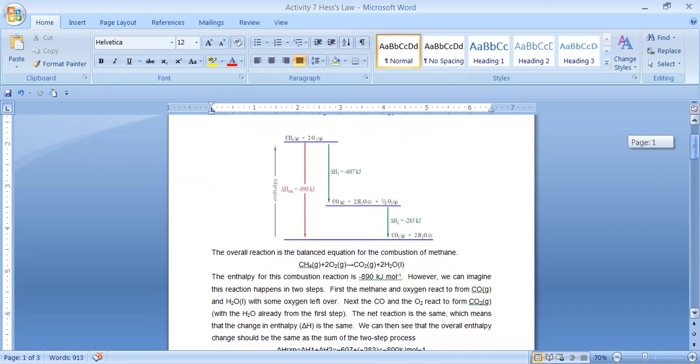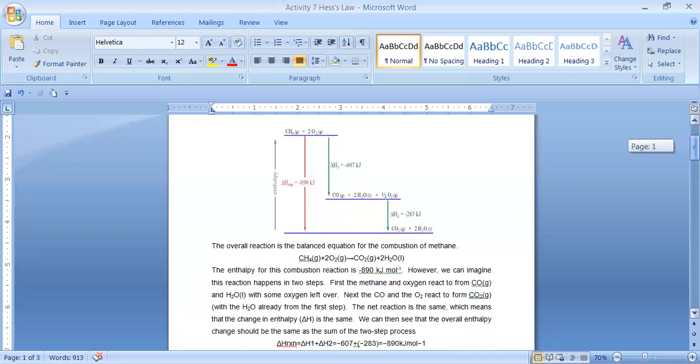The net reaction is the same, which means that the change in enthalpy is the same. You can see that the overall enthalpy change should be the same as the sum of the two-step process. Here, the enthalpy of the reaction is equal to the sum of the two enthalpies, which is equal to negative 607 kilojoule plus negative 283 kilojoule.